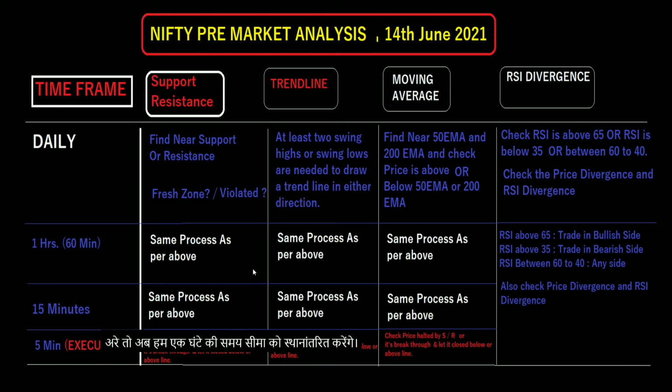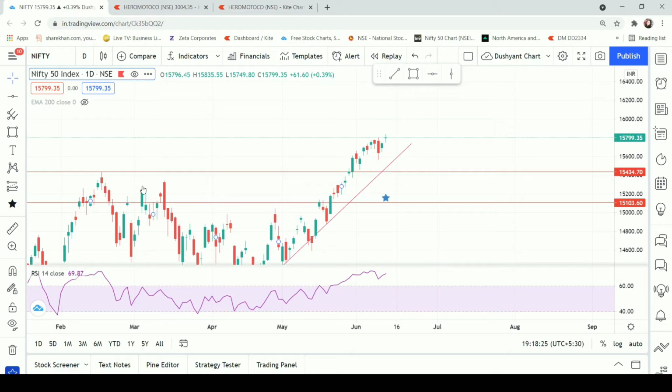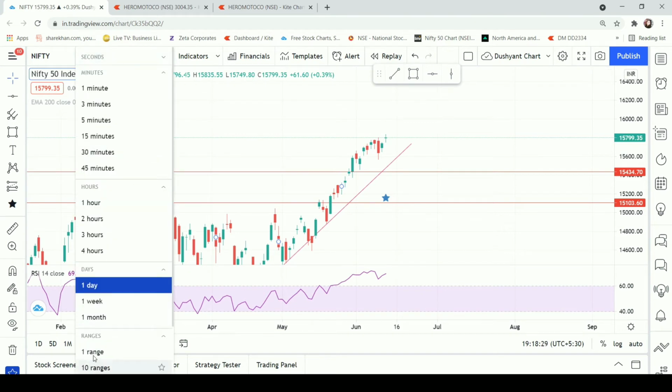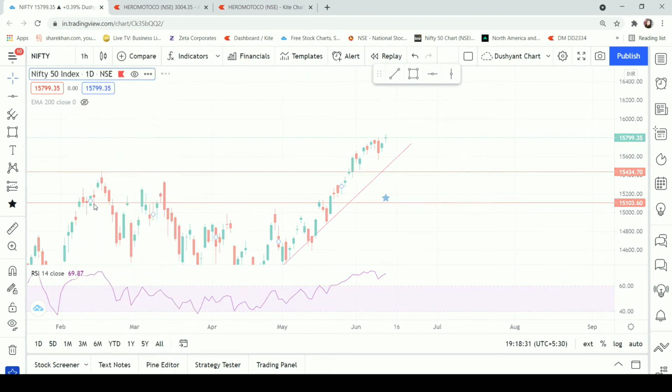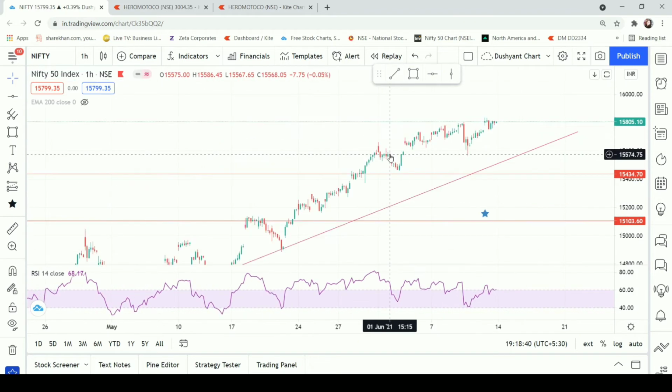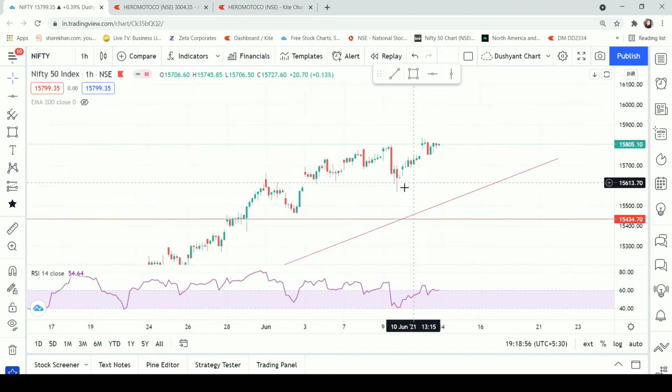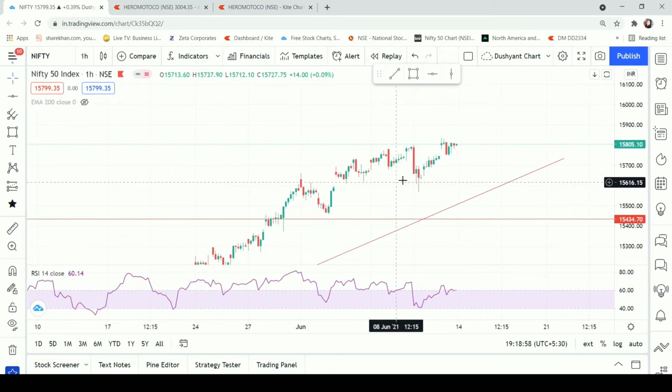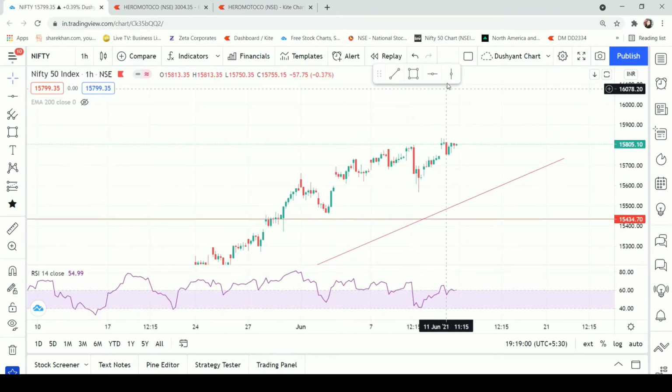So we'll move from here to the 1 hour time frame. Okay, so what's the first? First is the near support and resistance, right? This is the first support and resistance, right?